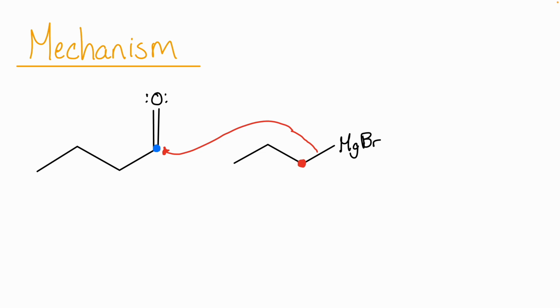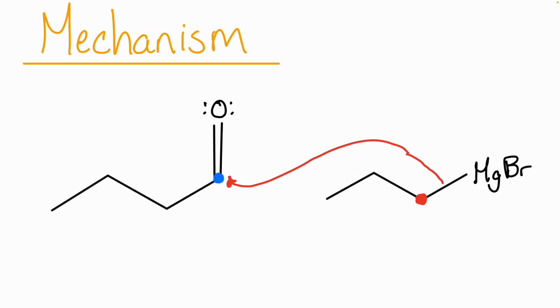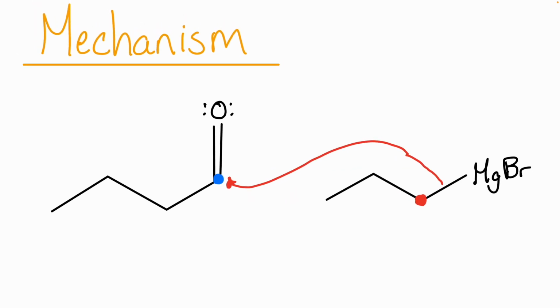Okay, but absolutely, now we have another problem. Our carbonyl carbon has too many bonds. One of the things that makes carbonyl carbons such good electrophiles is that they can accept pairs of electrons without breaking their octet, because it's just going to kick this pair of electrons up onto that oxygen atom.